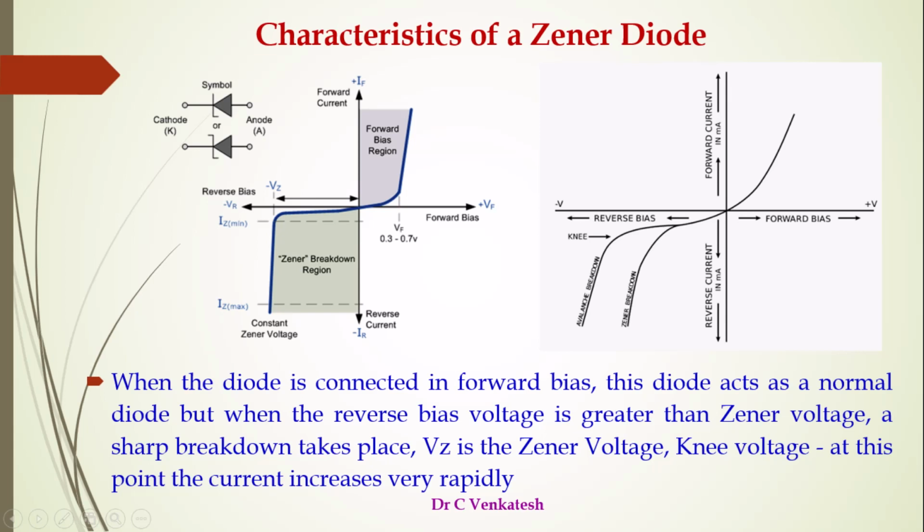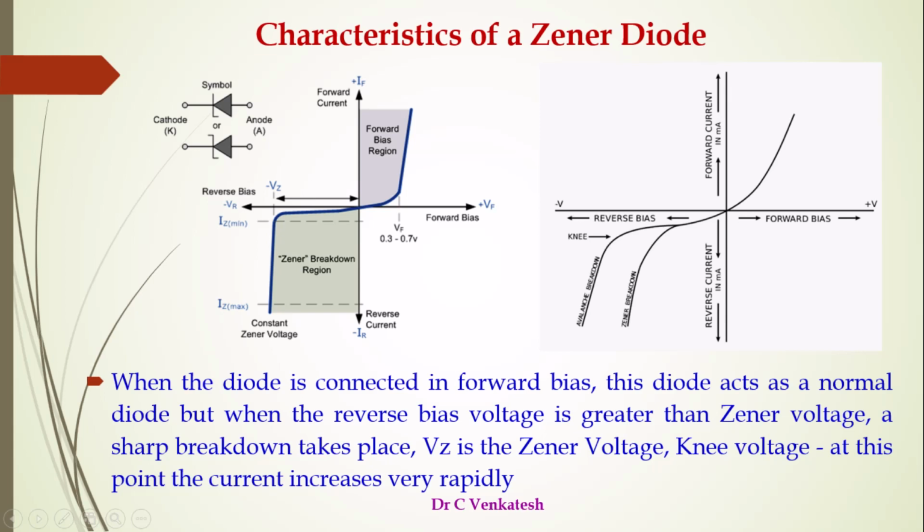That is, the forward characteristics is a graph between forward voltage and forward current. The device is either silicon or germanium. From 0 to 0.3 or 0 to 0.7 volt, the current is very minimum. Once it crosses 0.3 or 0.7, the current increases exponentially, then linearly.